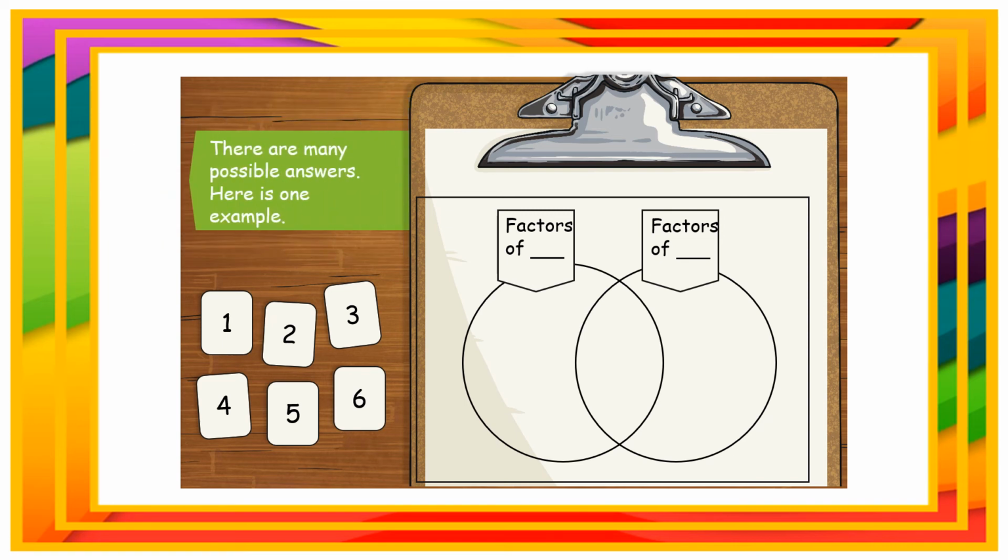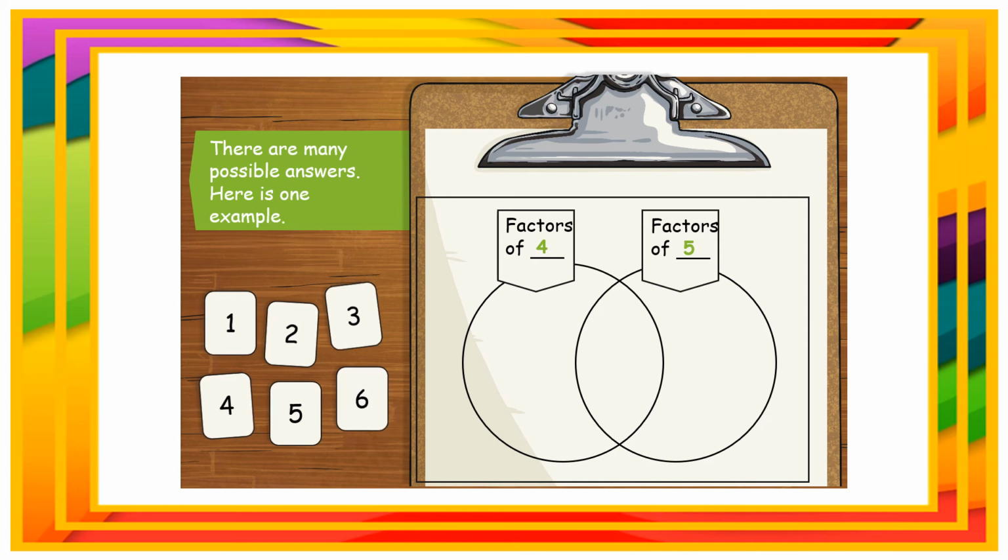So factors of 4 and 5. Using these number cards, place into the Venn diagram the factors we could multiply together to make 4 and 5. Are you ready? Pause the video and have a go.